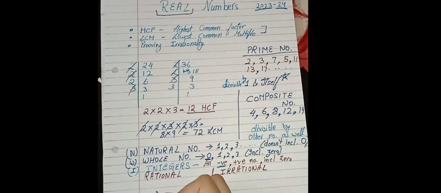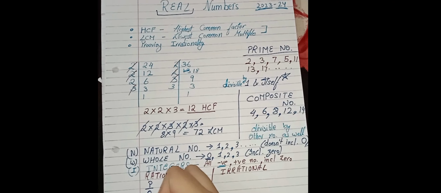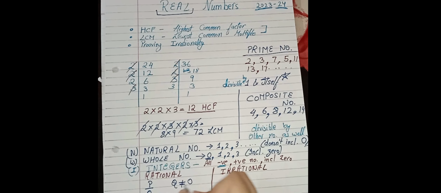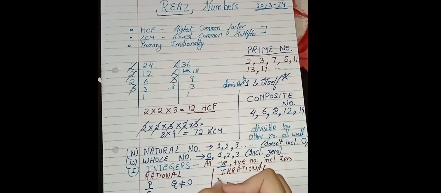Rational numbers can be written in p by q form, where q is not equal to 0. But irrational numbers can't be written in p by q form. P by Q form में नहीं लिख सकते irrational numbers को. And irrational numbers are non-terminating and non-recurring, but rational numbers are terminating or recurring.